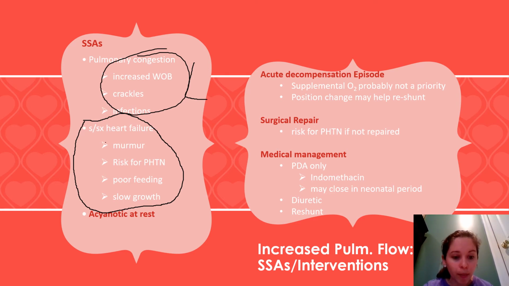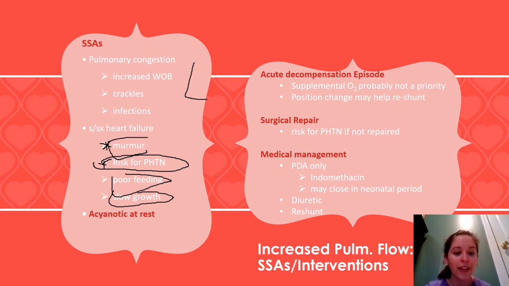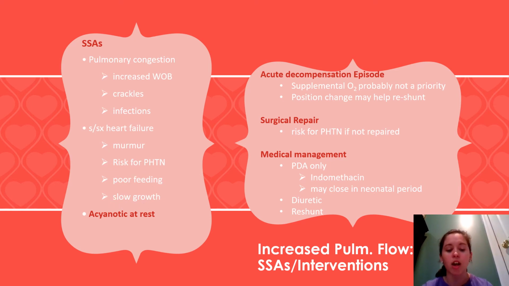We're always going to have a murmur because there's a defect abnormality. There's a risk for pulmonary hypertension, which is the caveat. That's the only thing that's not for every defect. But for every defect, we're going to have a murmur, we're going to have poor feeding, and we're going to have slow growth, okay? And that should be understandable based on our foundation knowledge we built on before we got to this part.